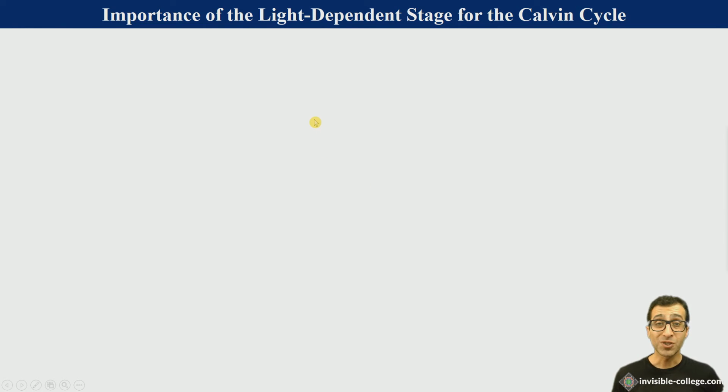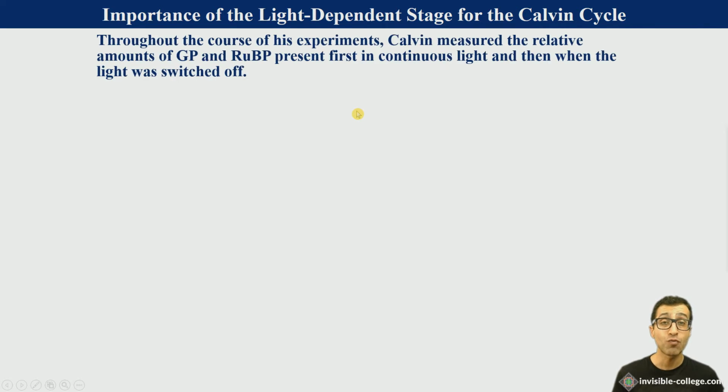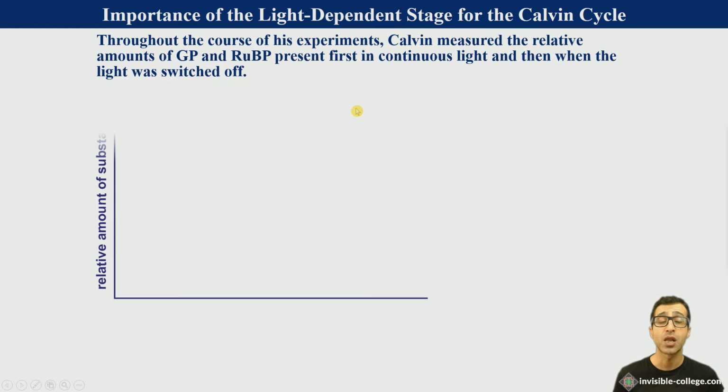So the importance of the light-dependent stage for the Calvin cycle, again, is because through the course of his experiments, Calvin actually measured the relative amounts of glycerate phosphate and RuBP present first in a continuous light, but then when the light was switched off.